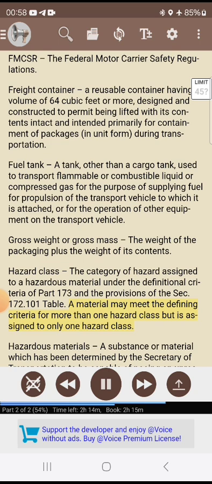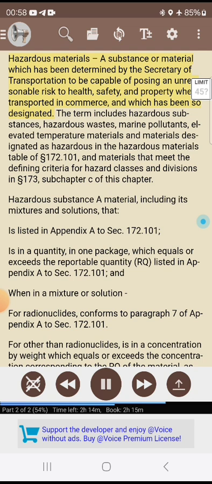Hazardous materials: a substance or material which has been determined by the Secretary of Transportation to be capable of posing an unreasonable risk to health, safety, and property when transported in commerce, and which has been so designated.